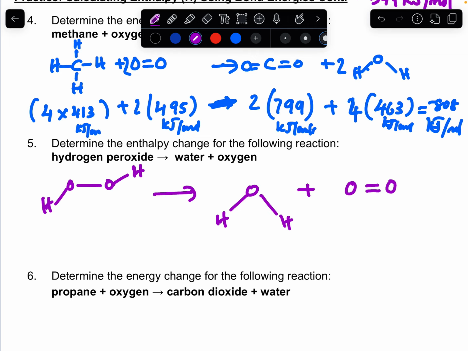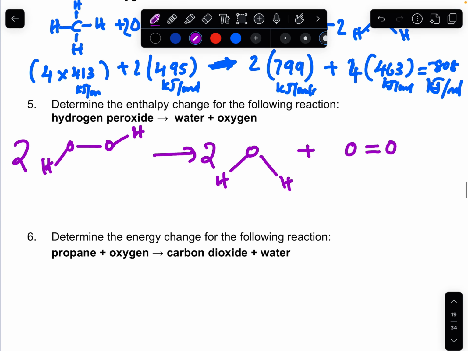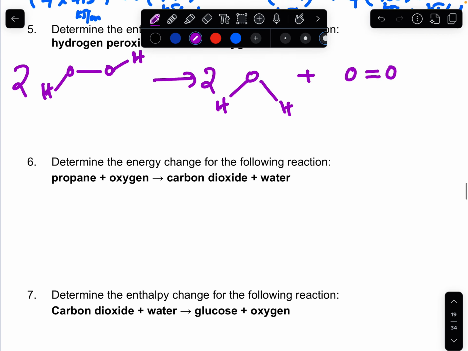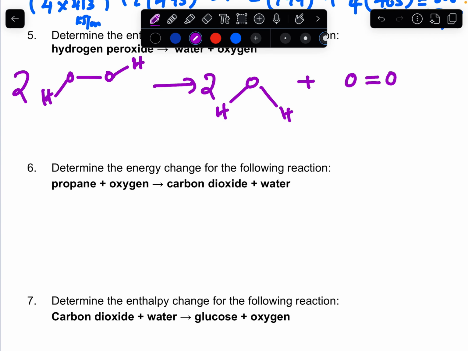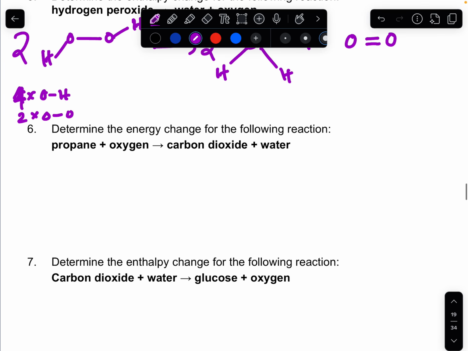So you have to put 2 here and 2 here, then there will be 4 oxygens, so 4 hydrogens. I think that is balanced now. Then remember there are 2 times how many O-H bonds? There are 1, 2, so 2 O-H bonds, that is 4, right? 2 times 2. Then 2 times 1 O-O bond. Like that you have to do the calculation.